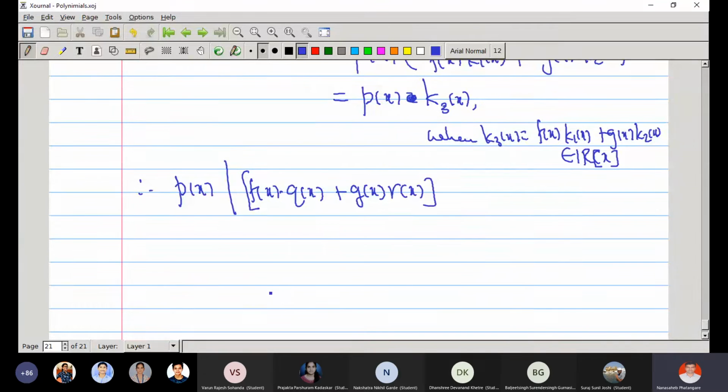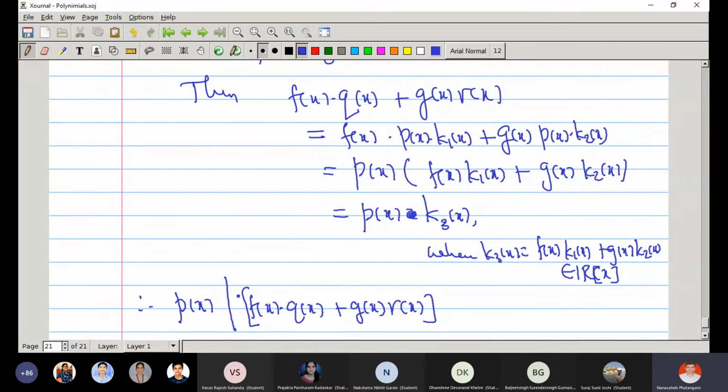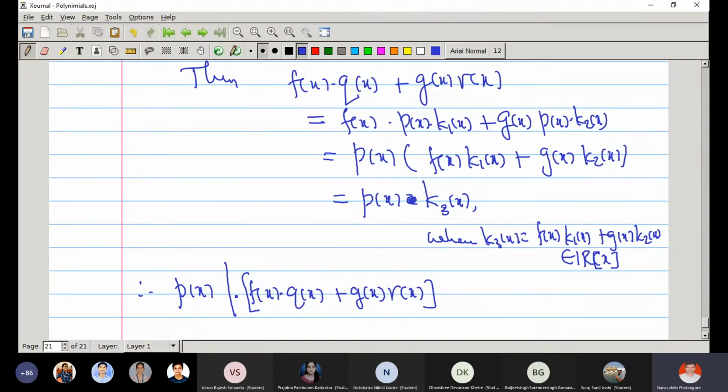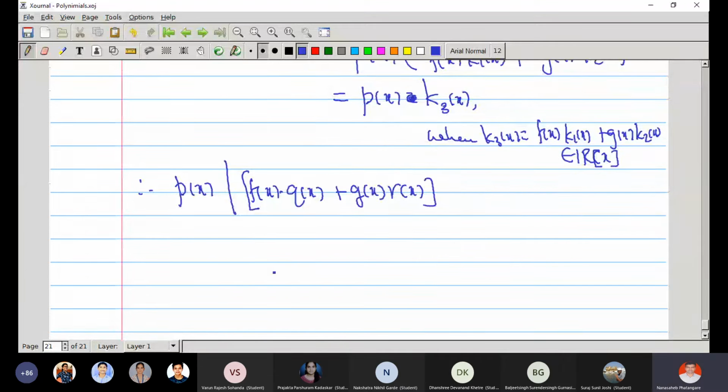So there is no restriction that whatever f(x) and g(x) you select, every time this is going to happen, provided P(x) divides Q and R. Whatever combination you select, P(x) divides this. Right. So is this clear?